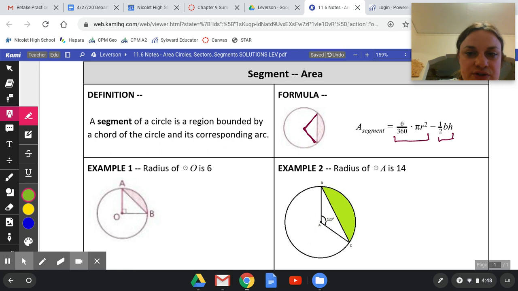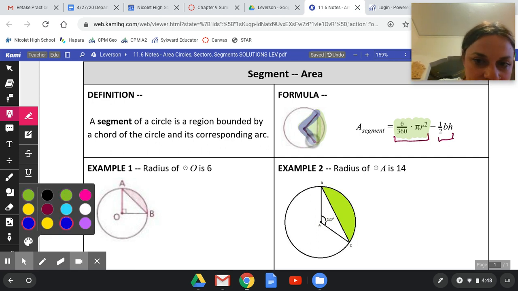I'm going to take this full sector, that's this first portion, and I'm going to subtract away what I don't want, which is this triangle that's in here, so I can just get the area of what I want, which is the area of the segment.